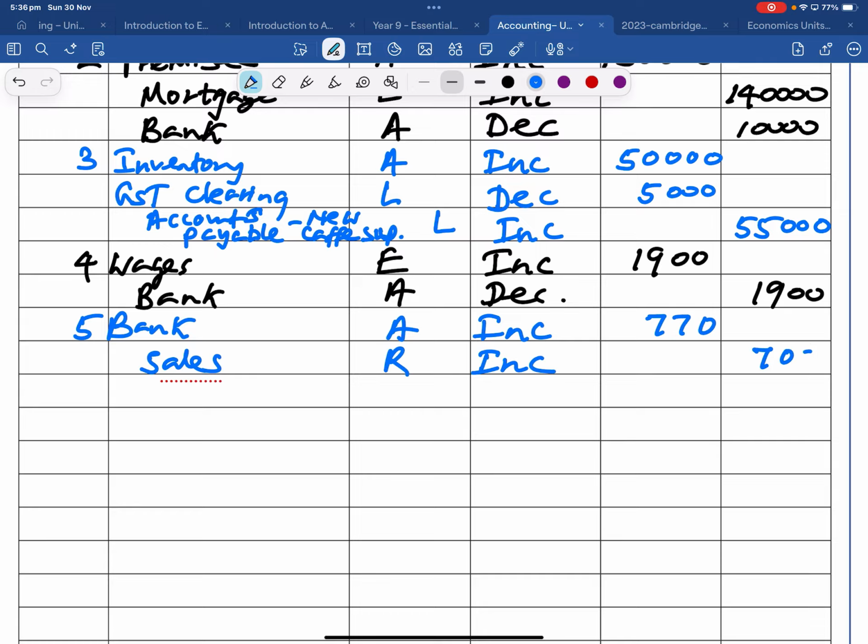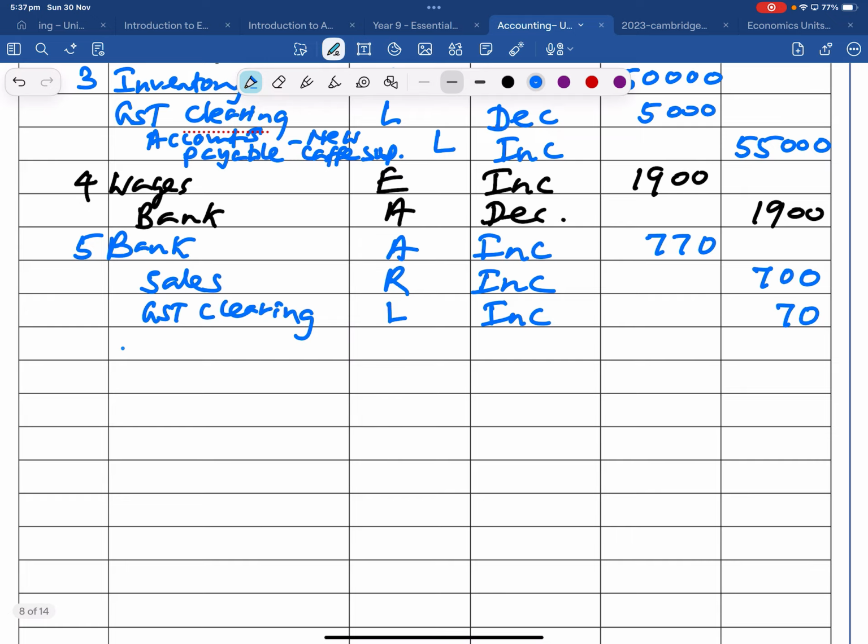Increase 700. And then GST we can write. What is GST, guys? Liability, what happens? Increase, everyone is sure, good, 70.